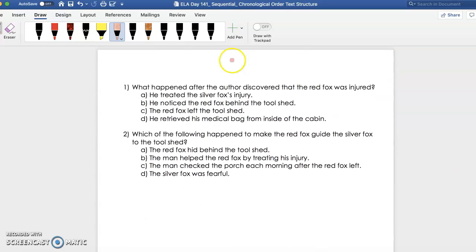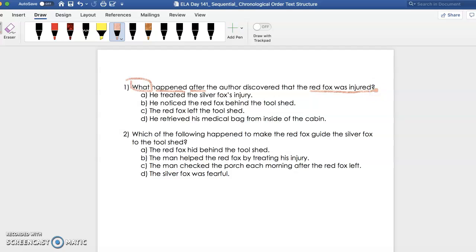So number 1 says, remember, every time we read our question, we want to mark up the question. So it says, what happened after? This is very important. What happened after the author discovered that the red fox was injured?